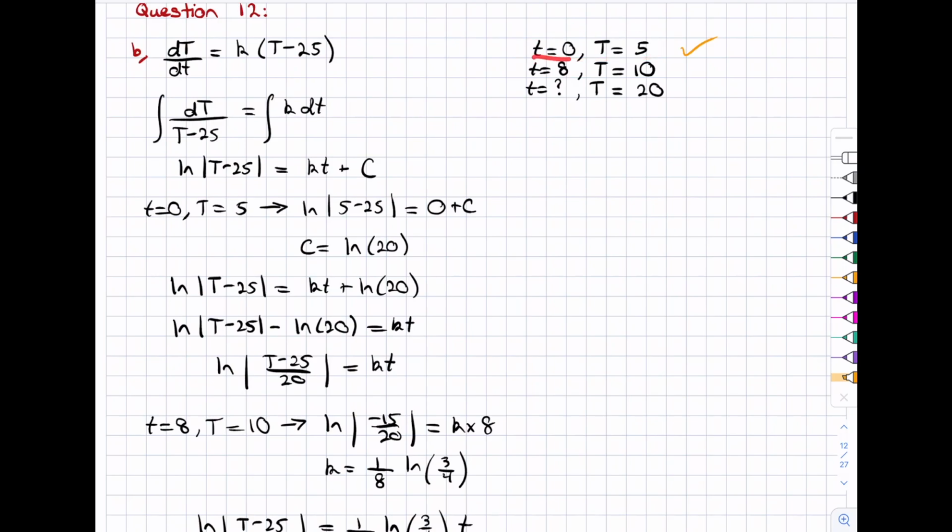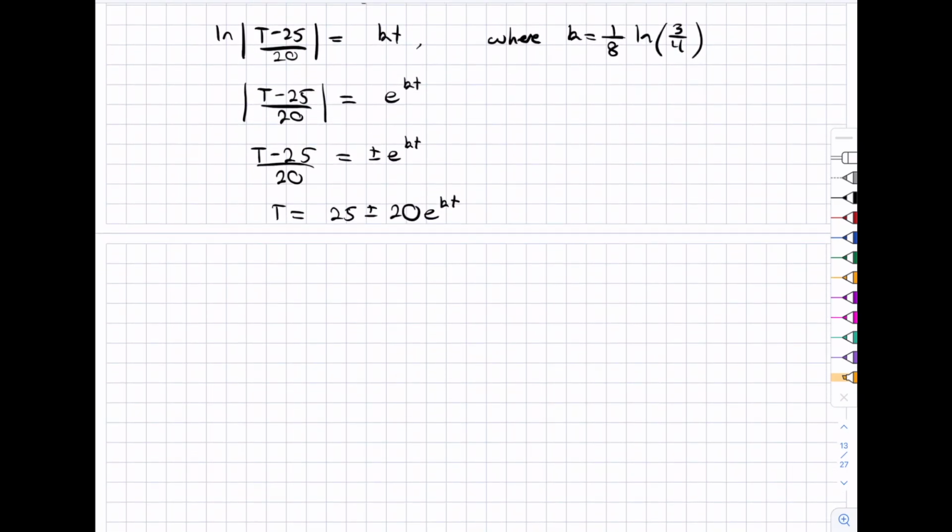It's got a 0 in it. So if I sub in t equal to 0 and capital T equal to 5, we need the left-hand side to be equal to the right-hand side. So we get 5 equals 25 plus or minus 20e to the 0. 20e to the 0 is equal to 20, my bad.